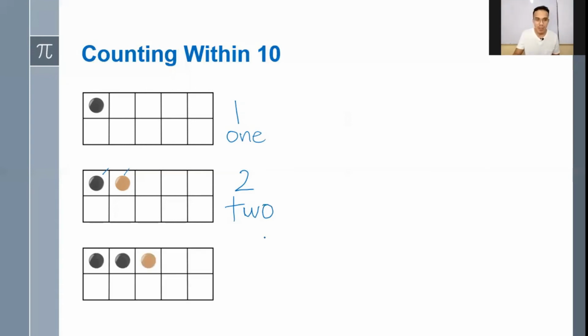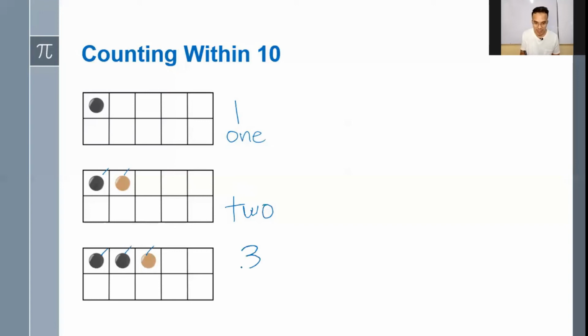Next, I'm going to add one more counter. So there are how many counters now in the 10 frame? We have 1, 2, 3. There are 3 counters, and how do you write number 3? This is how you're going to write number 3.